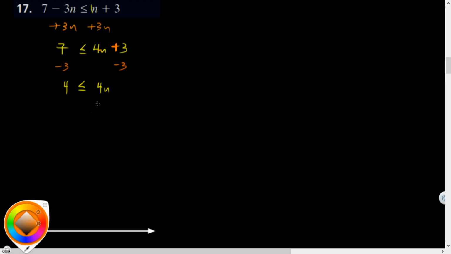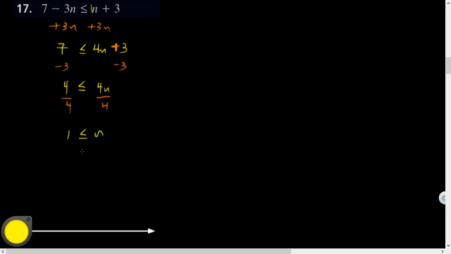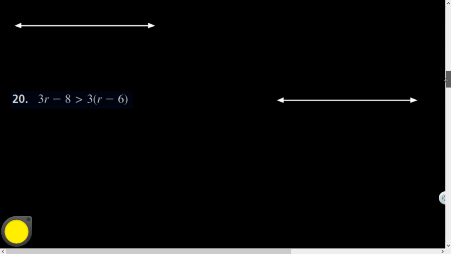Divide by 4, I get 1 is less than or equal to n, but let's flip this around. I'll rewrite that as n is greater than or equal to 1. When I do the full flip, the sign flips with it. That would have been a closed circle at 1 shaded to the right. I'm not going to take the time to graph all of those.